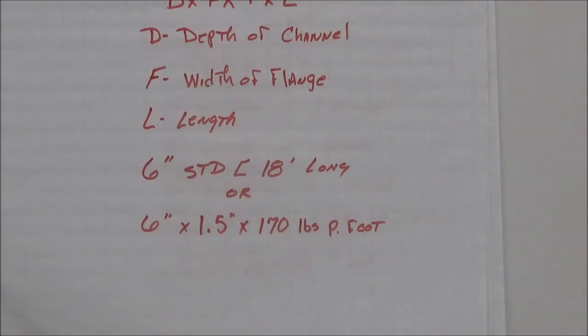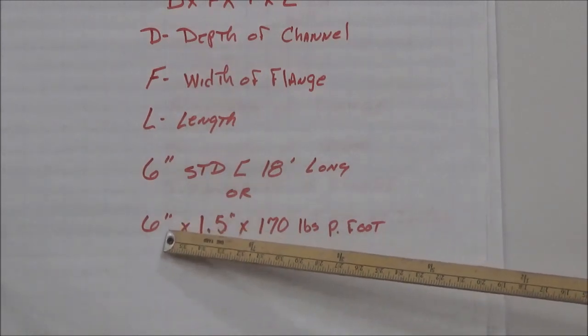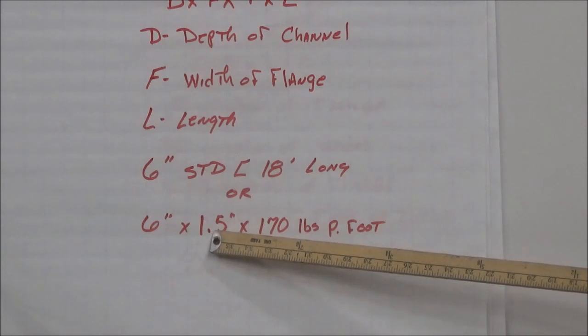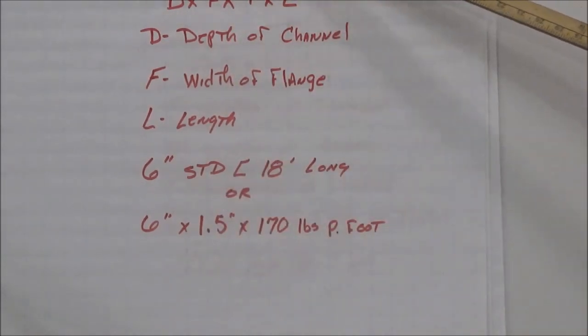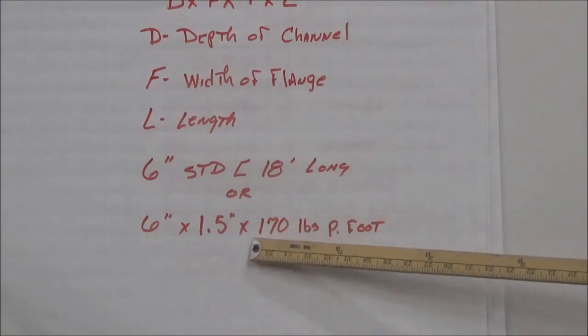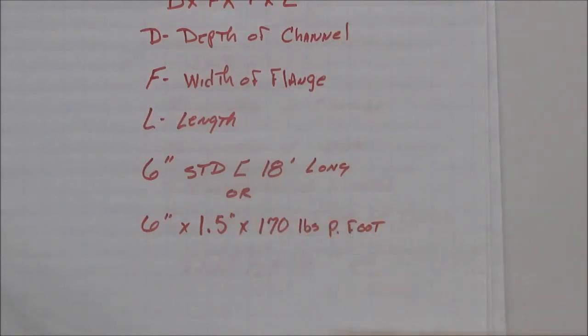Now then, if you want something special, if you're asking for a specific type of channel iron, and they do make specific types of channel irons, you're going to tell them that you want a 6 inch by 1.5. This would be the 1.5. This would be our 6 inch by 170 pounds per foot. That's a heavy channel.